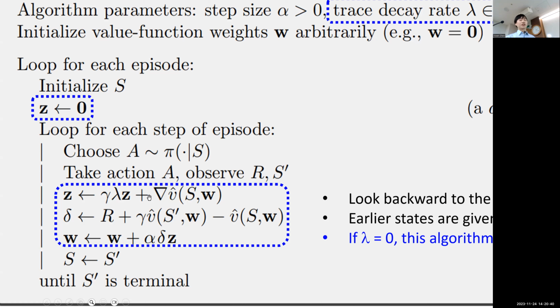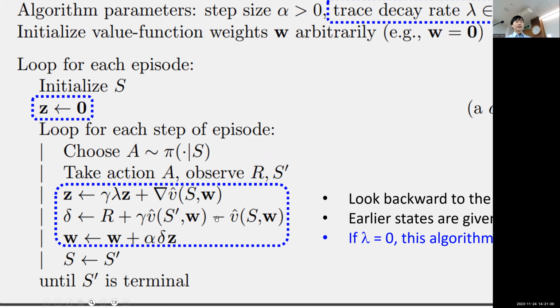After the first step, z just equals the gradient. At the next step we will use a new gradient. The delta update is based on the current reward and the current state value. S prime is the current state. We choose the action and take it, getting R and S prime.